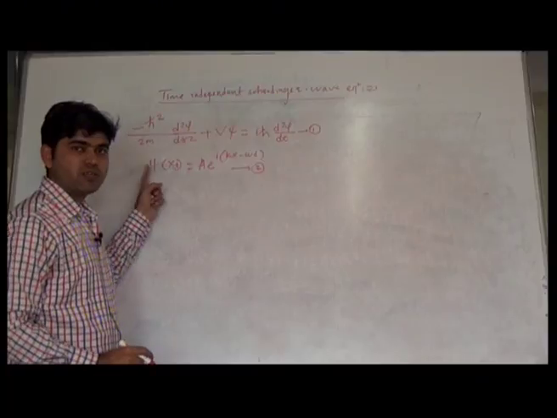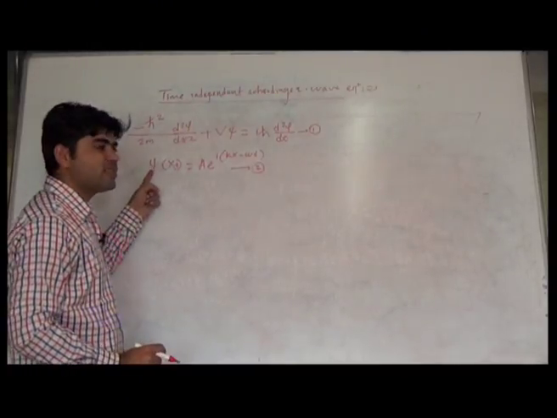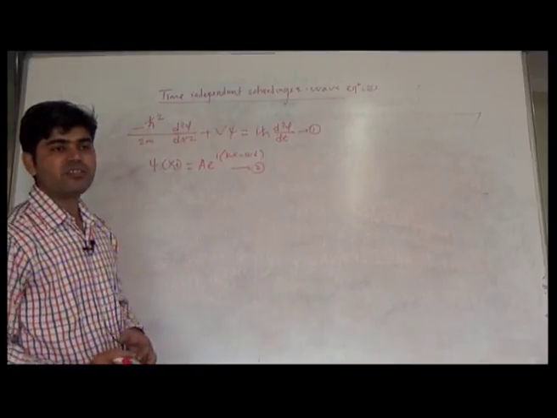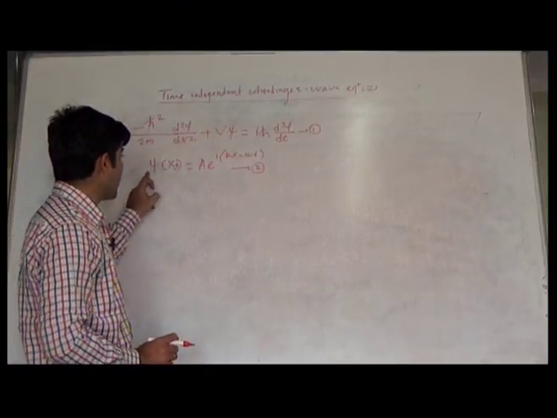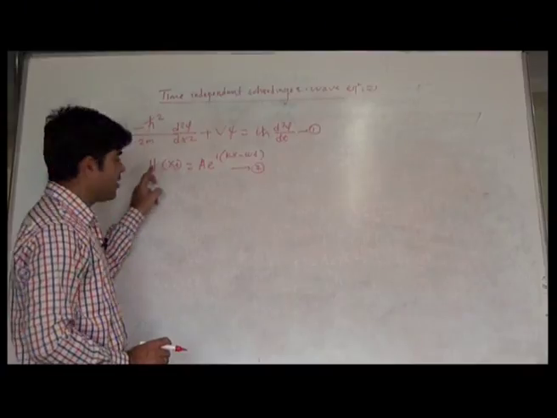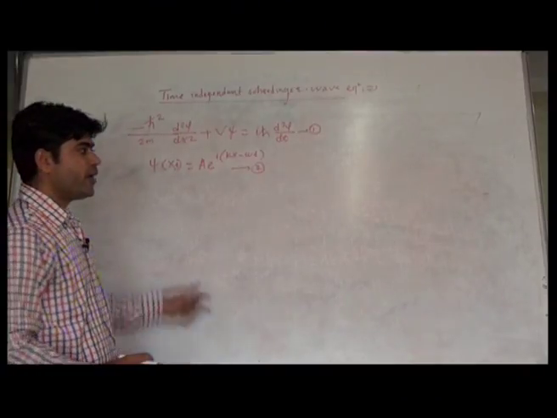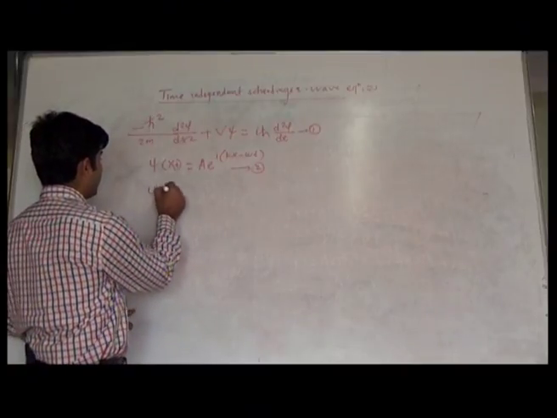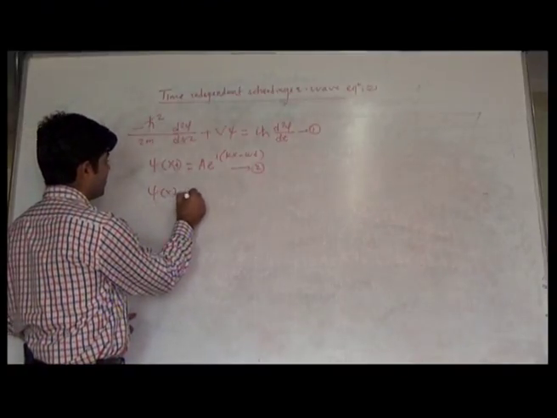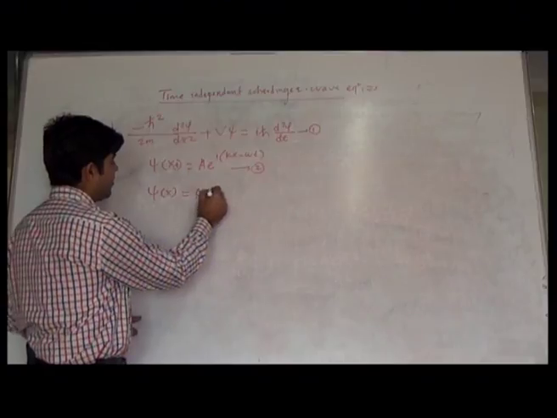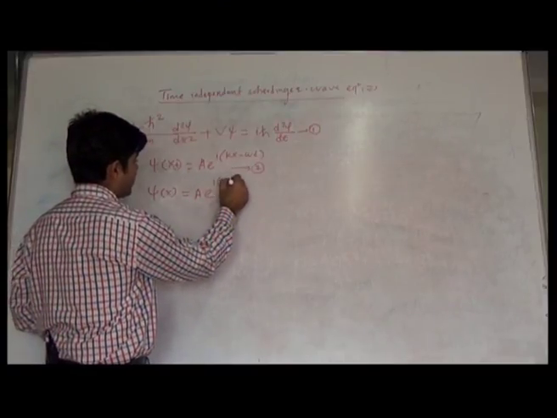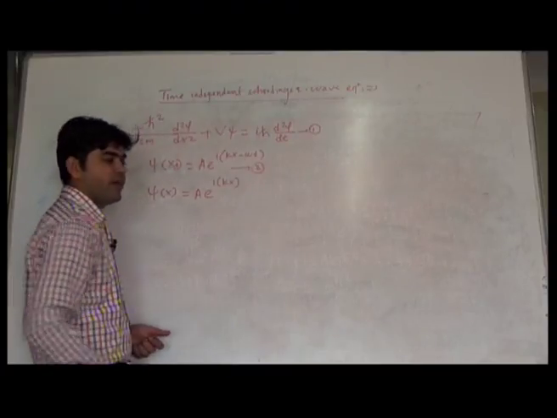In this wave function, psi depends on x as well as t, but we want only the condition where psi depends on x but does not depend on t. So we can write equation 2 this way: psi as a function of x is equal to A e raised to i (kx minus omega t).